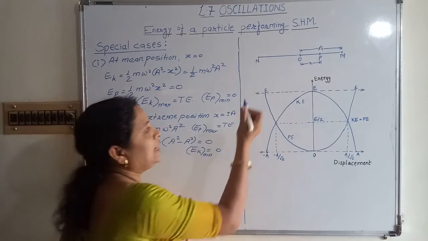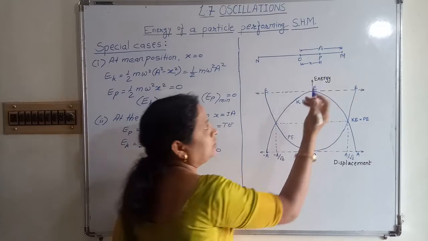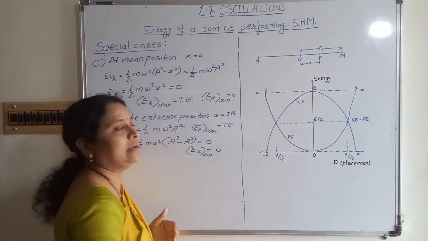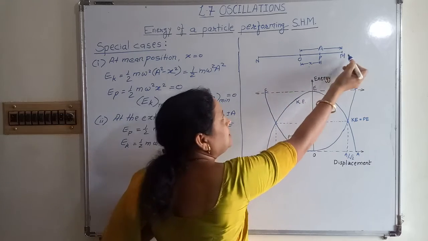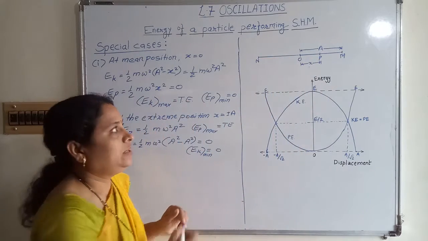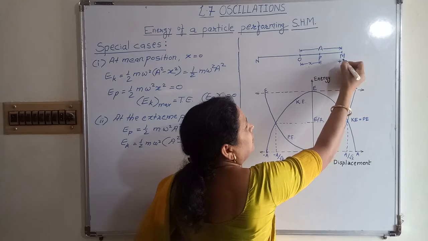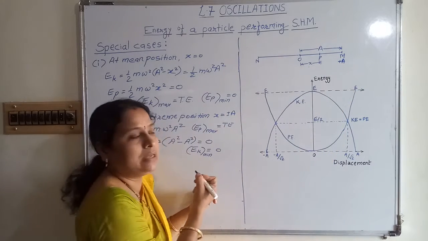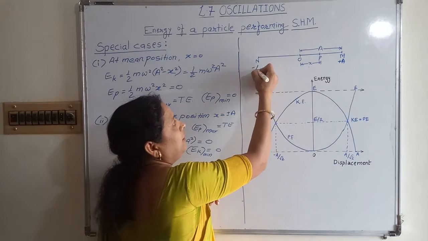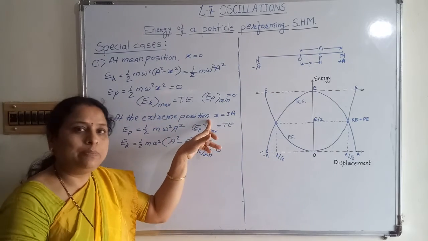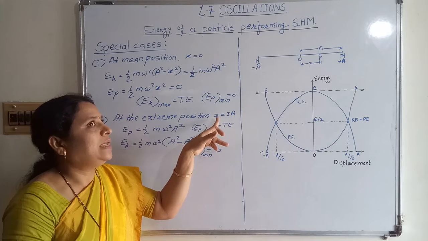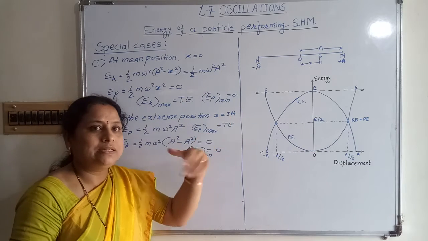Now what is at the extreme position? At both the extreme positions, positive extreme and negative extreme, the values of displacement are plus a and minus a. Here at this point the displacement is plus a, and at this point minus a. So we put the displacement at extreme position, x equal to plus or minus a.